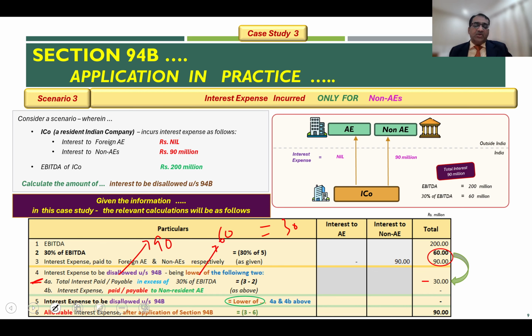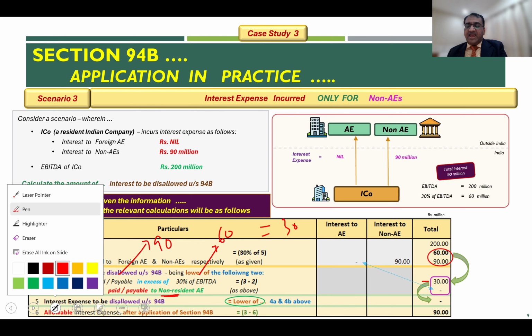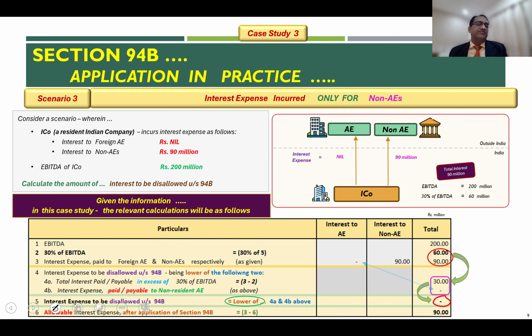Now, how much you have paid to the AEs, which are non-resident, is 0. And therefore, the lower of these two amounts is 0. So, therefore, in this case, nothing will be disallowed. This is in consonance with the first case study where we said that even if the interest paid to non-AE exceeds the threshold of 30% of EBITDA, the law never intended to disallow that.